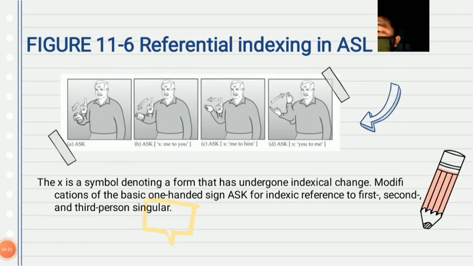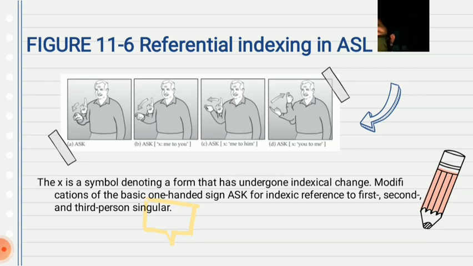Okay, so there is a figure. Referential indexing in ASL. The first figure is X, but used with me to you, and C, me to him, and D, you to me.